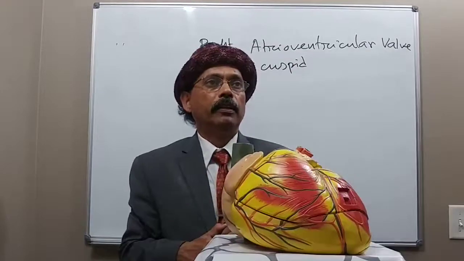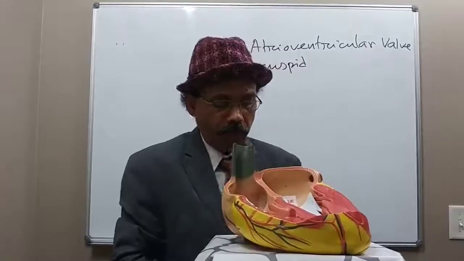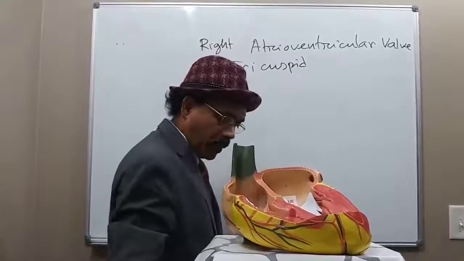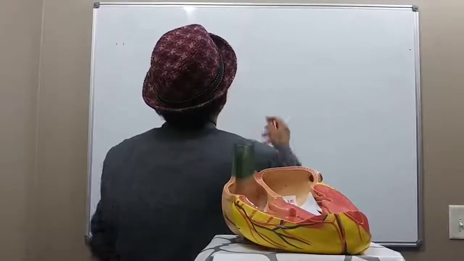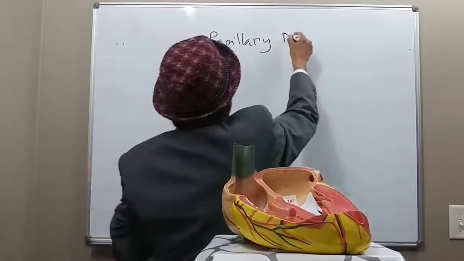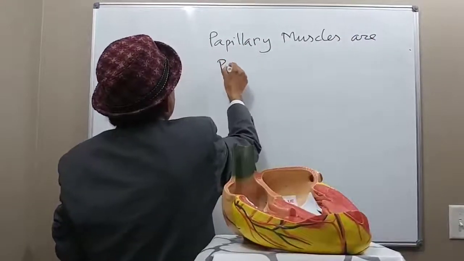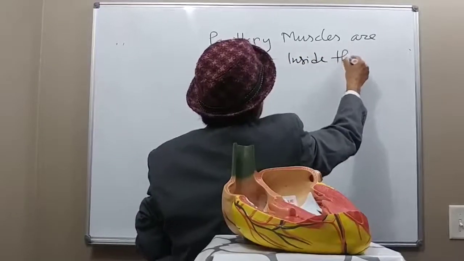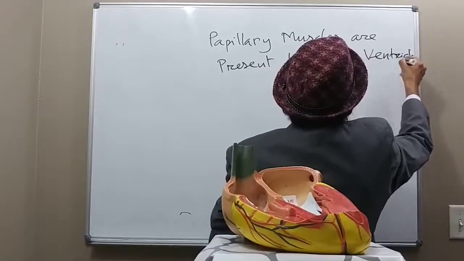Now if we go to the right ventricle, certainly we'll get some muscle. We call them the papillary muscles. These are the papillary muscles. So papillary muscles are present in the ventricles.